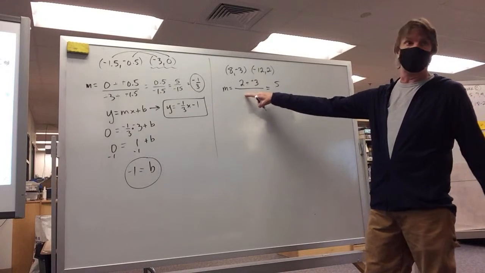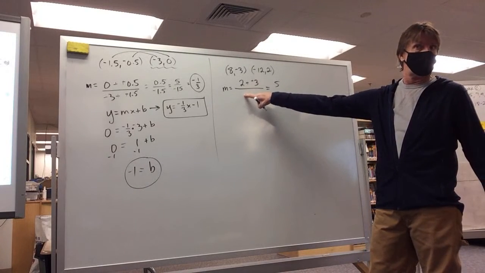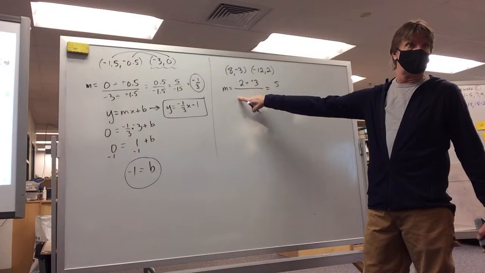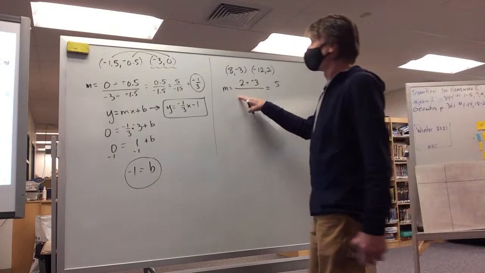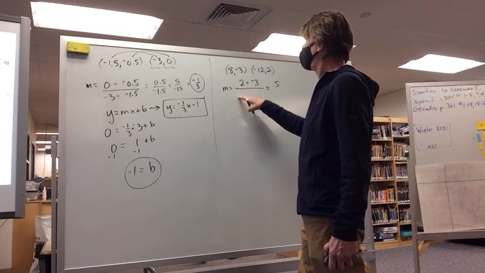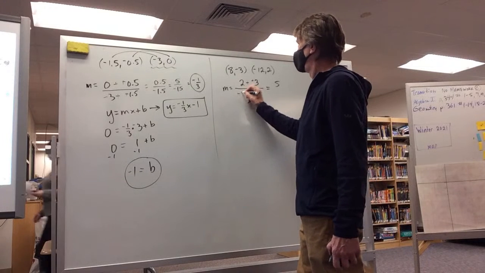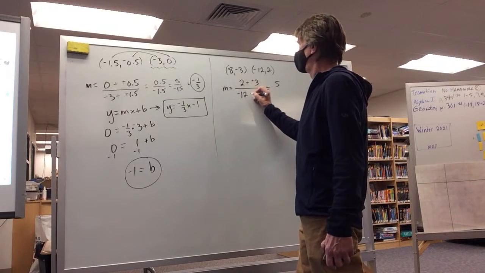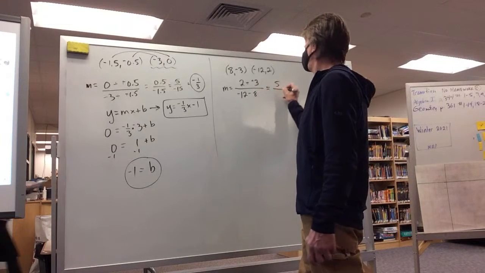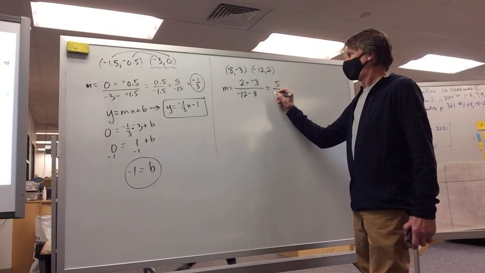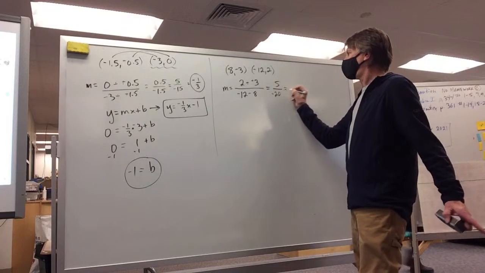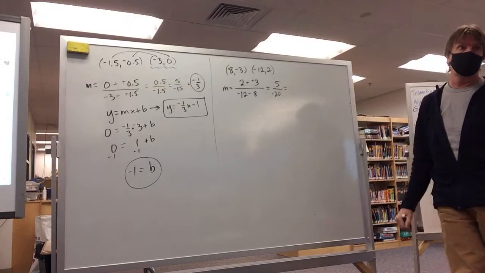What are we gonna write on the bottom? Somebody else other than Leo. Say again? -8. What does that equal? -20. So simplify it.